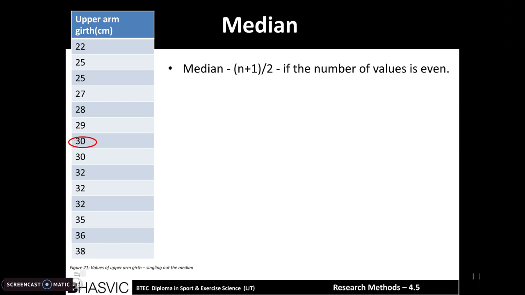So in figure 21, the number of values in the set of data are 14. Therefore, to find the median, we need to find the position. So you add 1 to 14, which gives you 15, and you divide it by 2, which is 7.5. So the 7th and 8th position added together, then divided by 2, equals 30. So the median is 30.